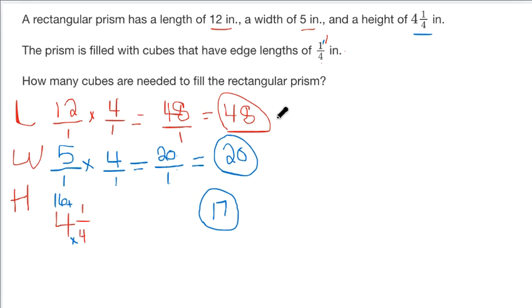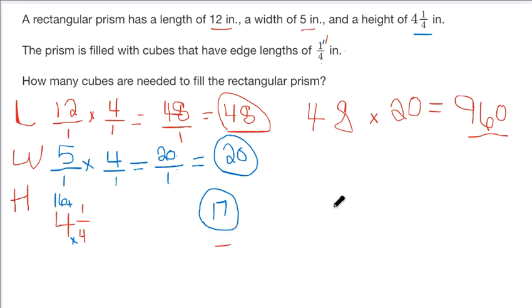Then I'll multiply my length times my width. So I'll do 48 times 20. And when I do that, I get 960. And then I'll take this answer and multiply it by the height.